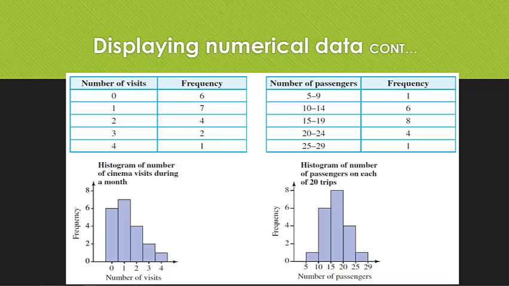We can see there was one person who took between 5 and 9 passengers. In the group 20 to 24 passengers, we have a frequency of 4. The other key thing to note on the histogram now is that the start values of each of those class intervals are given at the start of each of the columns. So we can see the 5, 10, 15, 20 are now at the beginning of the columns in the histogram.